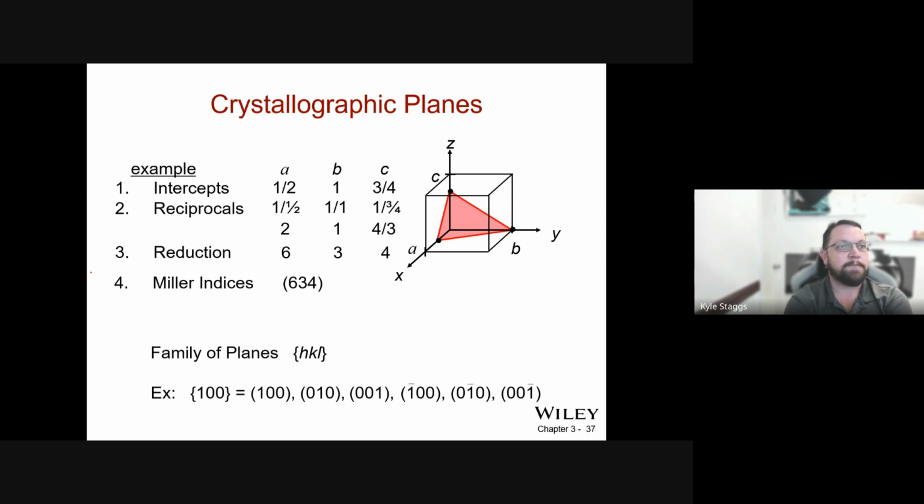So the 1, 0, 0 family is fully represented by 1, 0, 0; 0, 1, 0; 0, 0, 1; 1 bar, 0, 0; 0, 1 bar, 0; and 0, 0, 1 bar. Each of those is in the same family because they are crystallographically similar to each other.